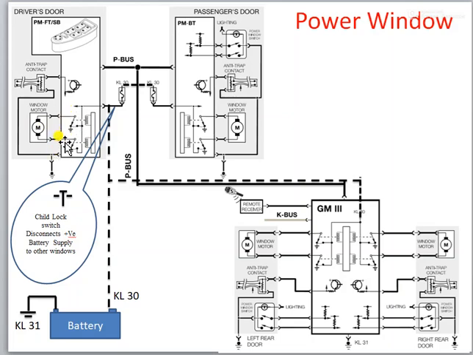This button has two sides, or actually 4 positions. The first 2 positions we will discuss. Here you can see this arrow. If we connect this arrow with this point, then positive connection is given to this side of the motor and negative connection is given to this side of the motor. The negative connection is already there through this.